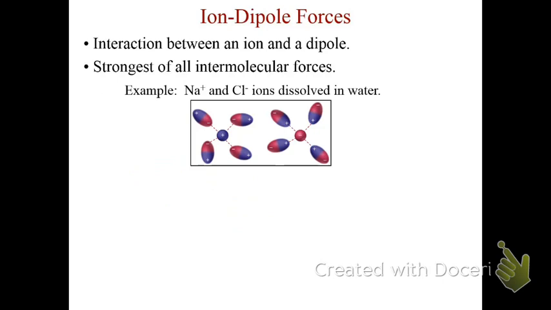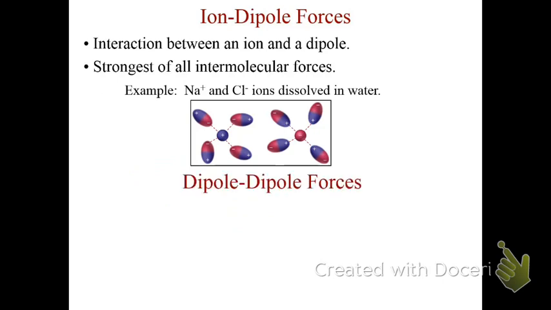For example, once sodium chloride is dissolved in water, you end up with sodium and chloride ions floating around. Once they're broken up, they're going to attract parts of the poles of molecules with opposite charges.